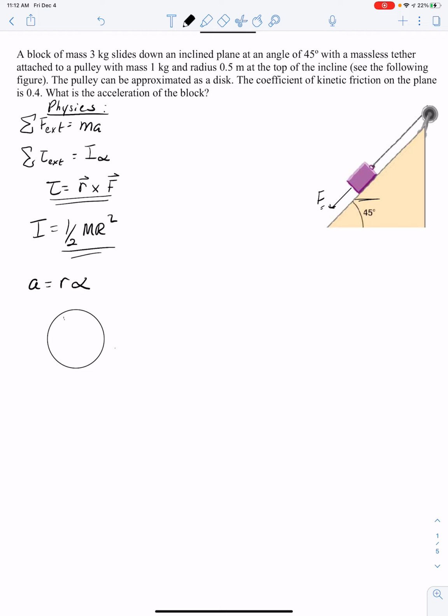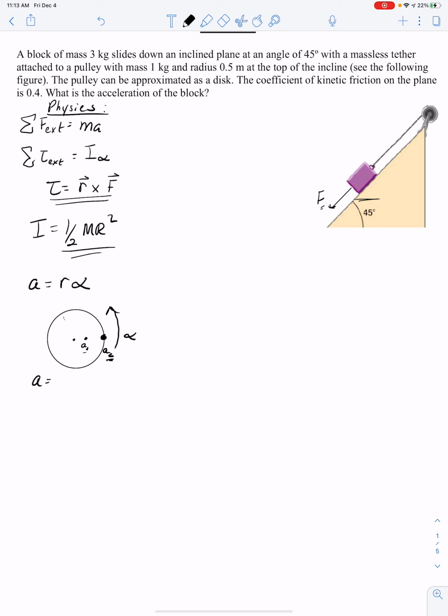So while the angular acceleration is the same all around the circle, if I chose this tangential acceleration here, and let's call it tangential acceleration 1, and then this tangential acceleration here, tangential acceleration 2, these two accelerations are different because they have different radii.